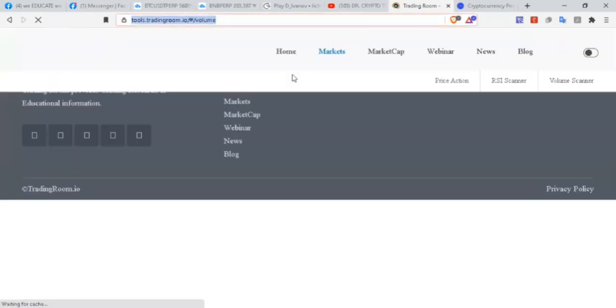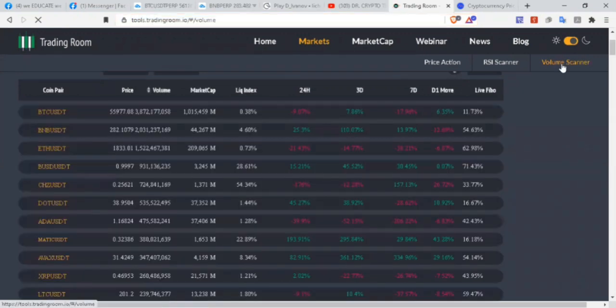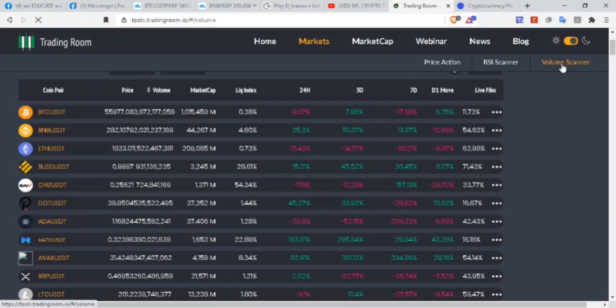Alright, okay. We will check what is the top 20 volume, at least to check the top 20 high volume coins. We will go to the volume scanner and we will check what are the top 20 coins that have a higher volume. We will select volume.